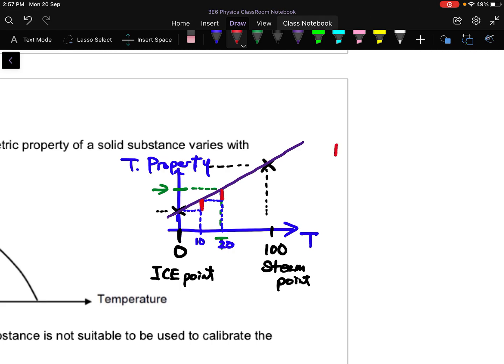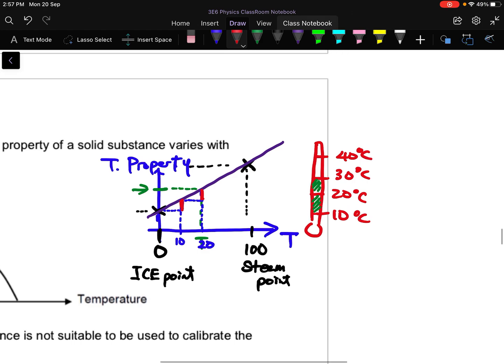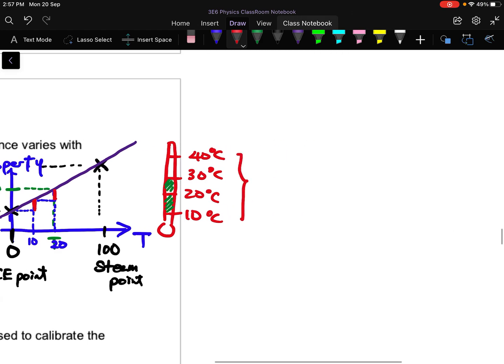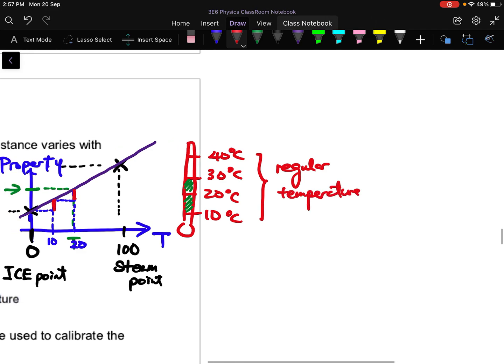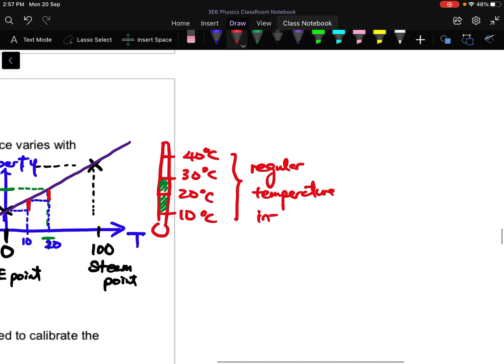So in this case, your thermometer will have regular intervals, because every 10 degrees C change, you get the same amount of observable change. In scientific terms, this is called regular temperature intervals.